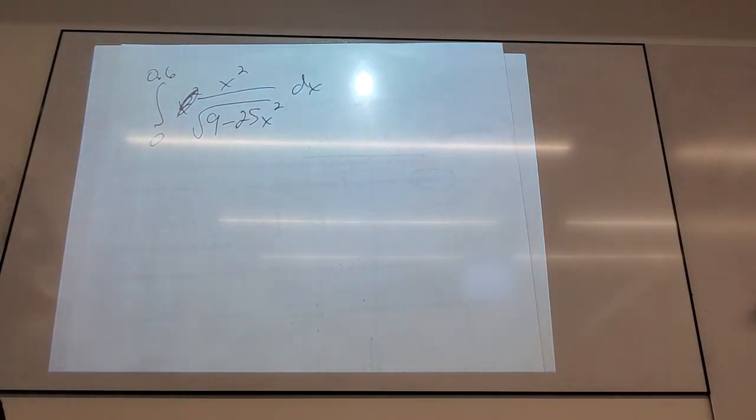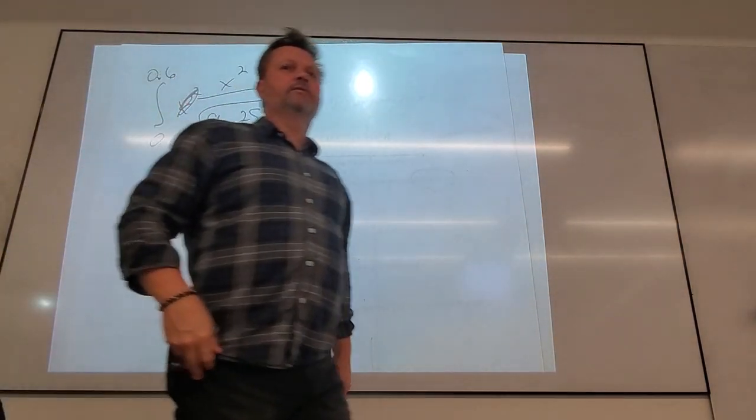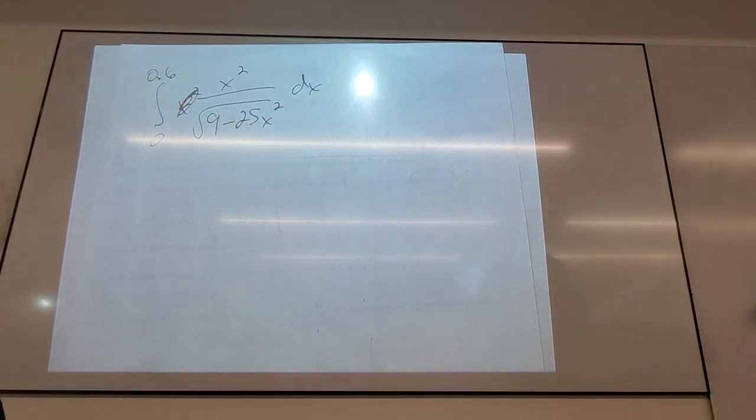So, x is not 3 sine theta, yes? Because the 25 is in our way. Don't you wish the 25 wasn't there? Do you all agree this is trig sub? Yep. The top would have to be x or x cubed for it to be u sub, and it's neither, so it's trig sub.